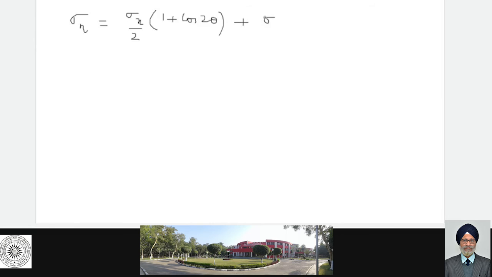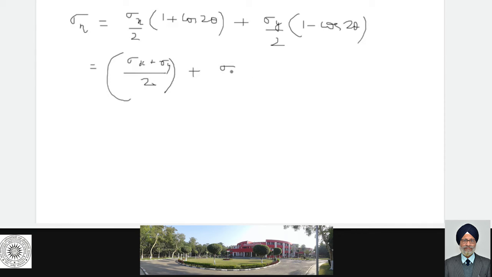Similarly, sigma y upon 2 and 2 sin square theta, this will give me 1 minus cos 2 theta. So if you take the things common, it will be sigma x plus sigma y by 2 first component plus cos 2 theta is common.